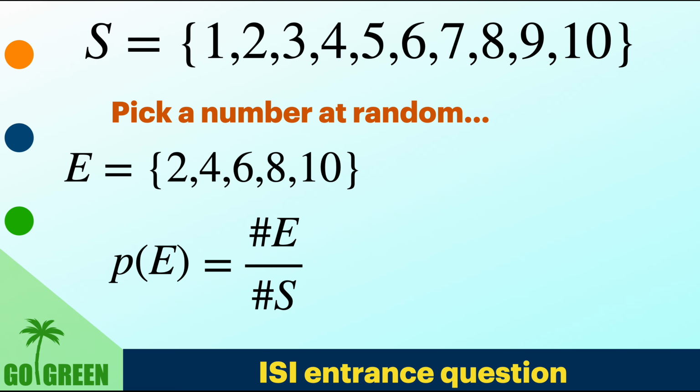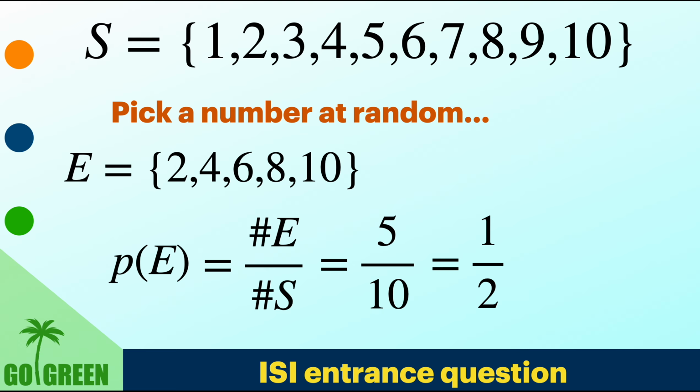Cardinality of E means how many numbers are there in E. So E has 5 numbers only, and the full collection, which is the sample space, S has 10 elements, right? So 5 by 10, which is half. So this is the probability of picking a number randomly so that it is divisible by 2.